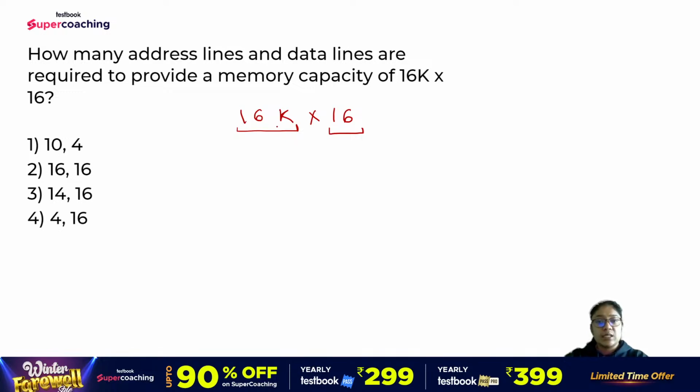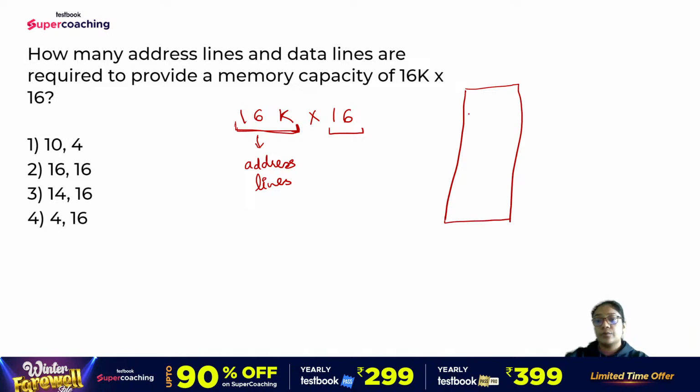So if 16K words, 16K cells, are there, this number of words will tell you the address lines. And how much data is in each word? It is containing 16 bits. If I show it diagrammatically, we have the cells.